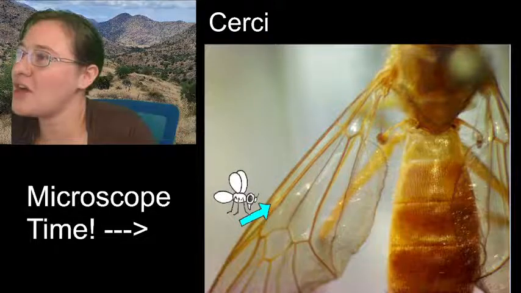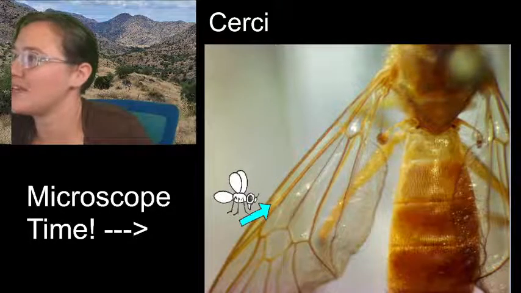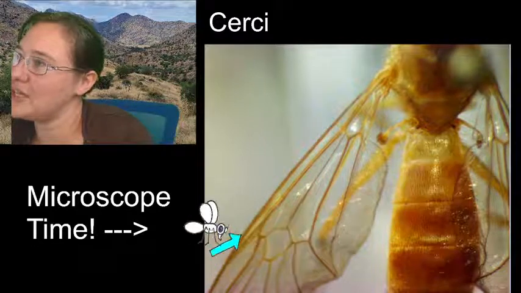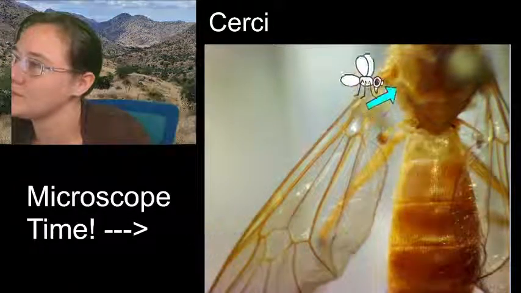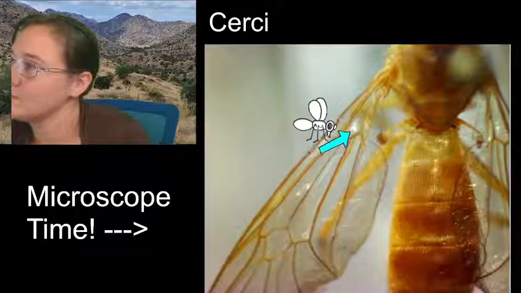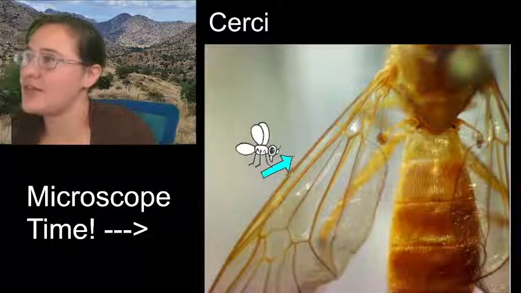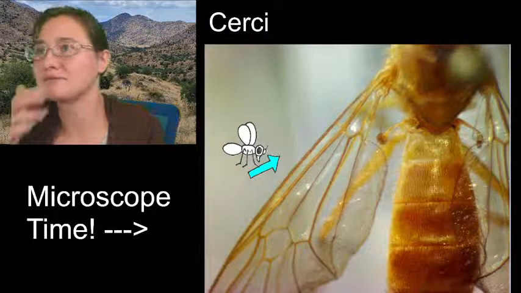I would probably call this one the subcostal. Let me see. Yeah, this is going to be our subcostal vein right about here. Got our little cross veins. Okay, I think that we got this.